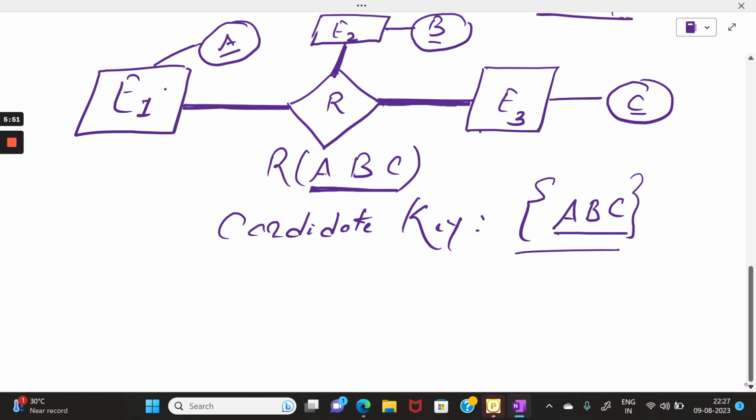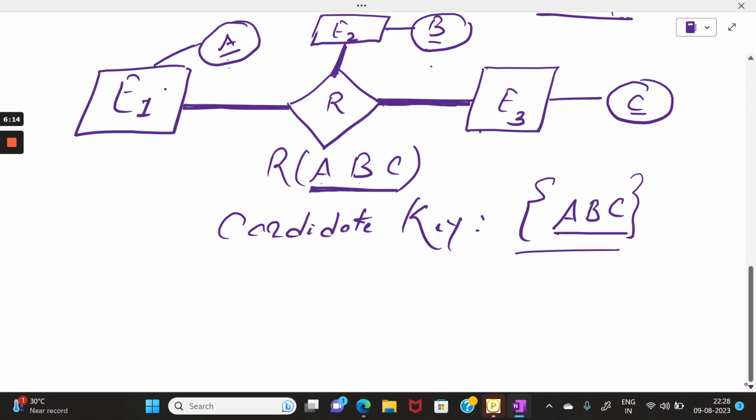We can't use A or B as a single candidate key because it won't be unique. We have already seen that A1 may be related to B1 and A1 may be related to B2 as well. So we can't treat A as the candidate key, and the same goes for B and C. Together they compose the candidate key.